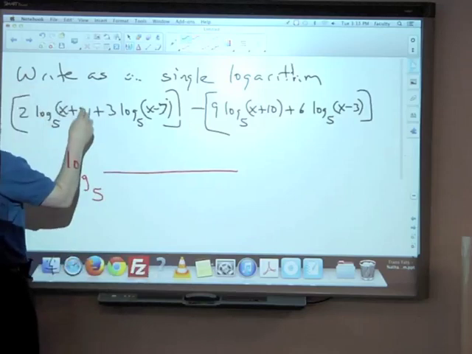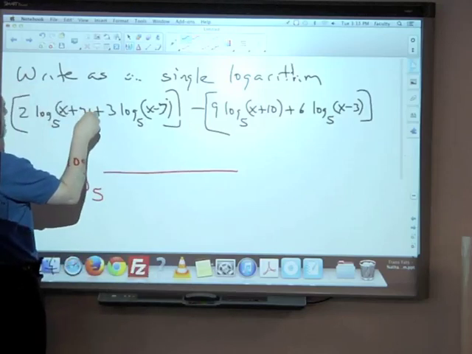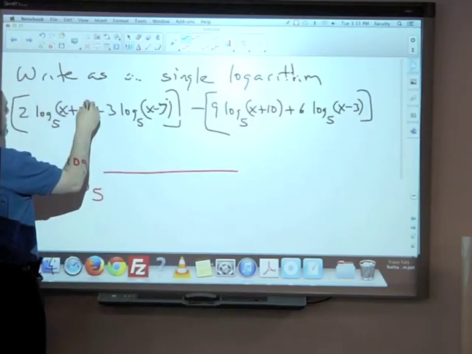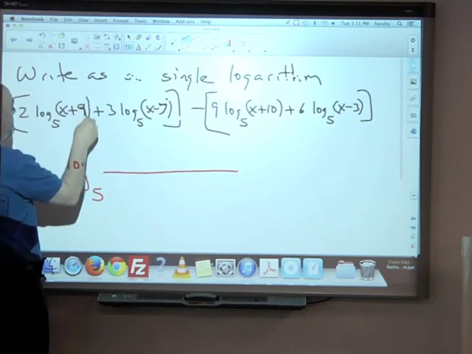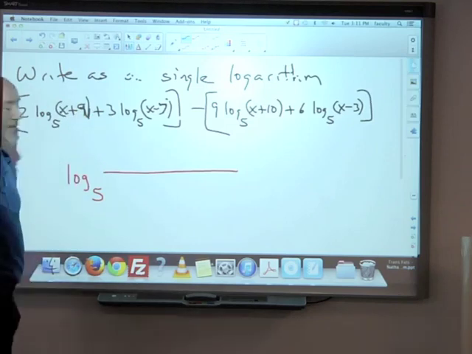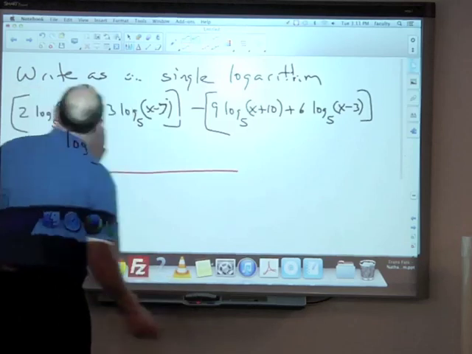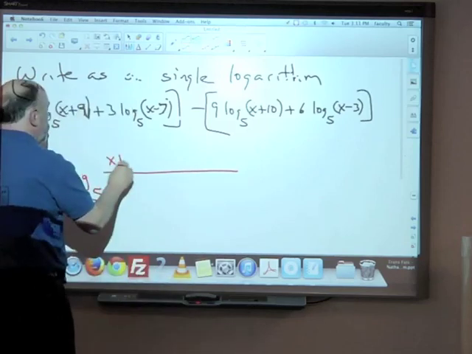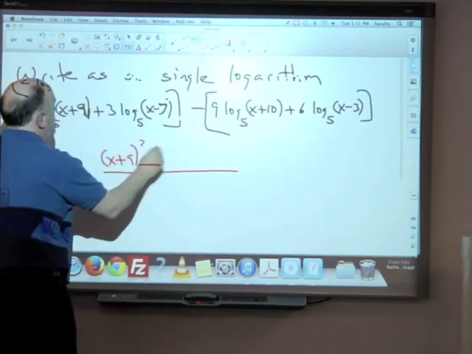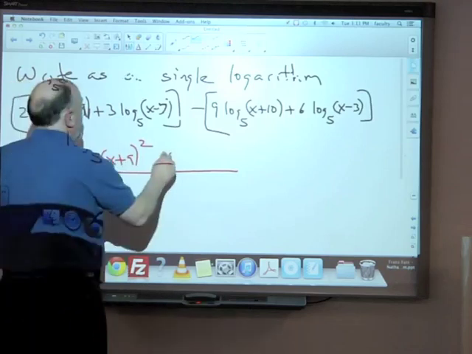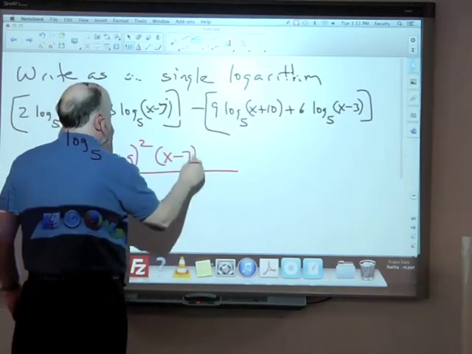So on the top, we're going to have, what was this? This was x plus 9. Okay, and somehow I lost it. Oh, there. Put it back in there. All right. So this is going to be x plus 9 squared. This will be x minus 7 cubed.